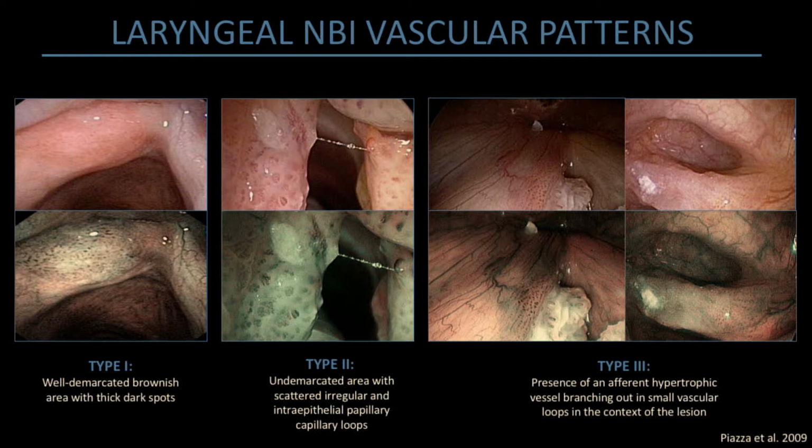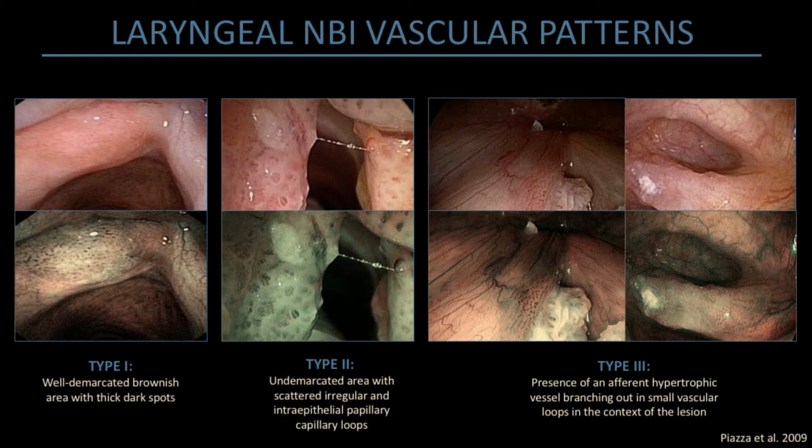Again, you can see the many branches. This is very common in recurrent papillomatosis. You cannot appreciate the dark spot because the loops are wider in the viral diseases.